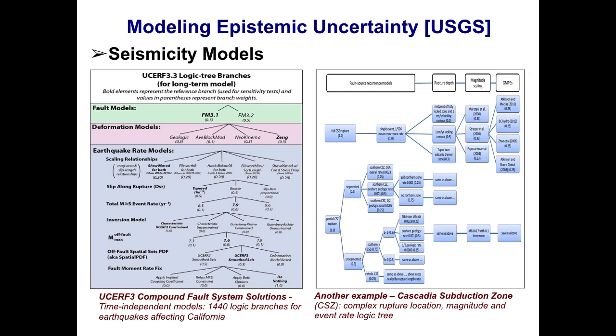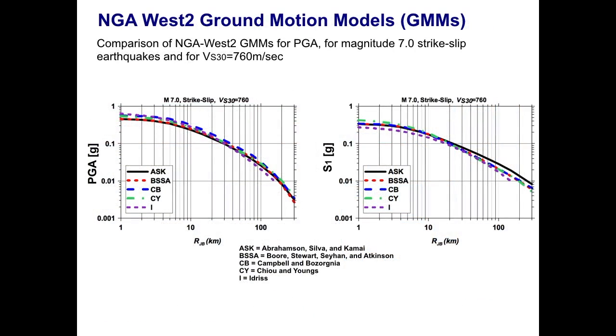Another aspect of the USGS models is the use of these specific next generation attenuation ground motion models. These are the NGA-West2 ground motion models that were specifically developed for use in the National Seismic Hazard Mapping Project.